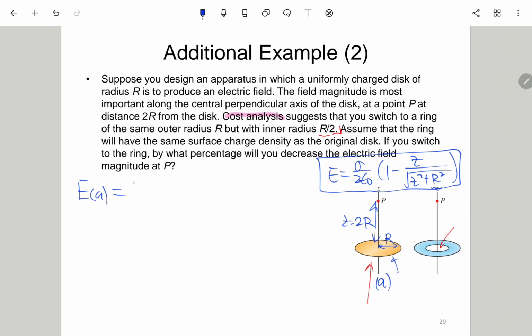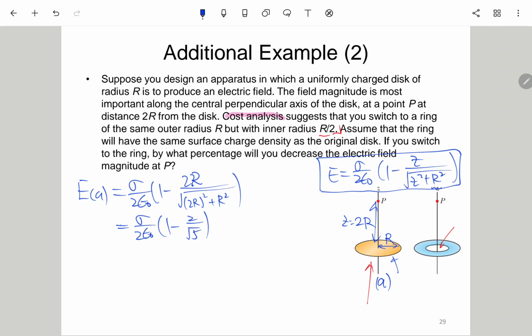So we have sigma over 2 epsilon naught, and then 1 minus 2R over square root of (2R) squared plus R squared. Then we can do some cancellation. It turns out to be sigma over 2 epsilon naught, and then 1 minus 2 over square root of 5.